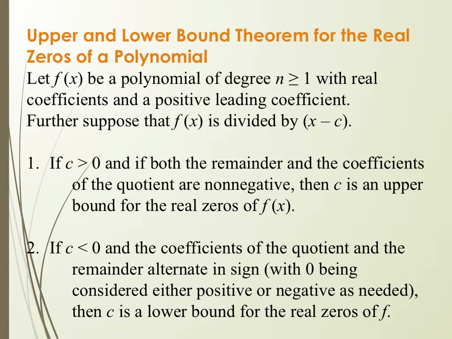If c is greater than 0, and both the remainder and the coefficients of the quotient are non-negative, then c is the upper bound for a real zero of f of x. If c is less than or equal to 0, and the coefficients of the quotient and the remainder alternate in signs, with 0 being considered either positive or negative as needed, then c is a lower bound for real zeros of f.